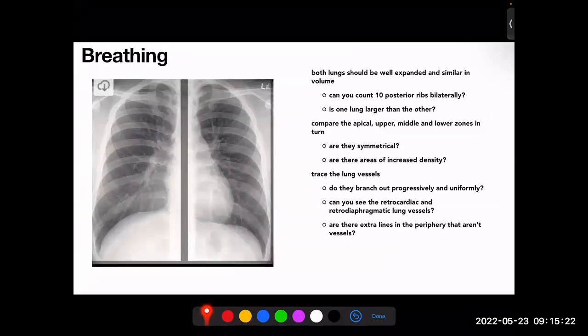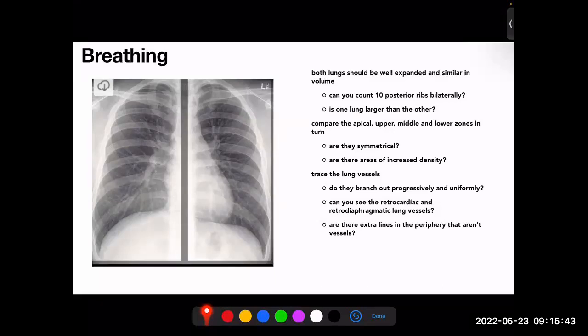When you're looking at the breathing, you're looking at the lungs. So you should look at both lungs. Are both lungs well expanded? Yes. Can you count 10 ribs posteriorly? How can you know the ribs are posterior or anterior?